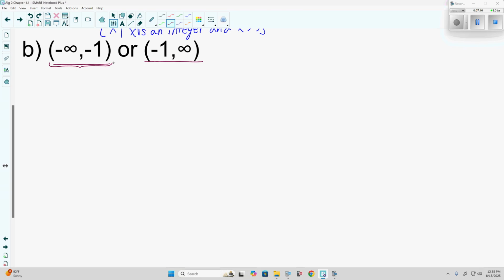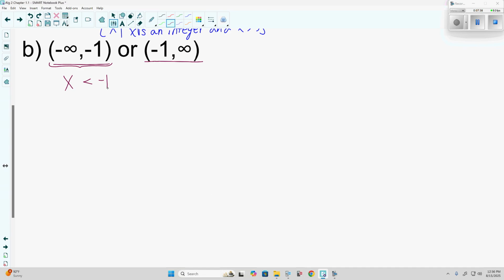Negative 1, yes? So the values of x are our values that make this statement true. This x has to be what? Less than negative 1, because we're talking about all the numbers from negative 1 to negative infinity. We're going from negative 1, everything less than it.